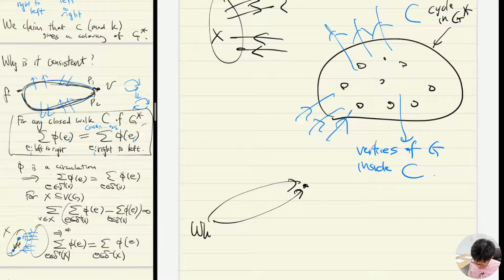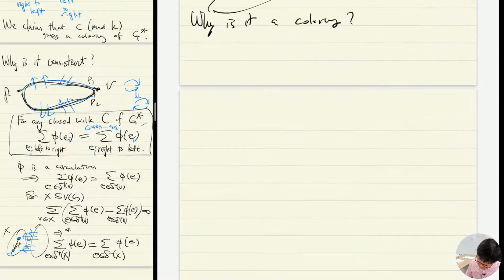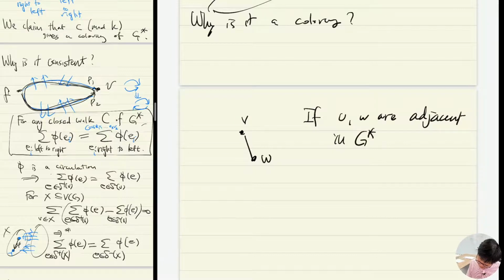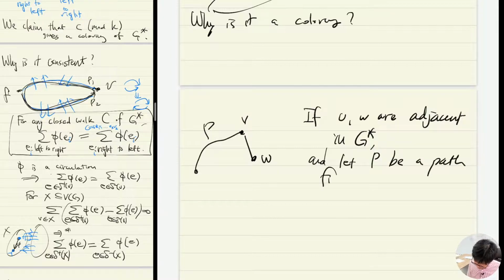Now, why is it a coloring? If you have two vertices v and w which are adjacent in the dual, and let P be a path from this fixed vertex to v.